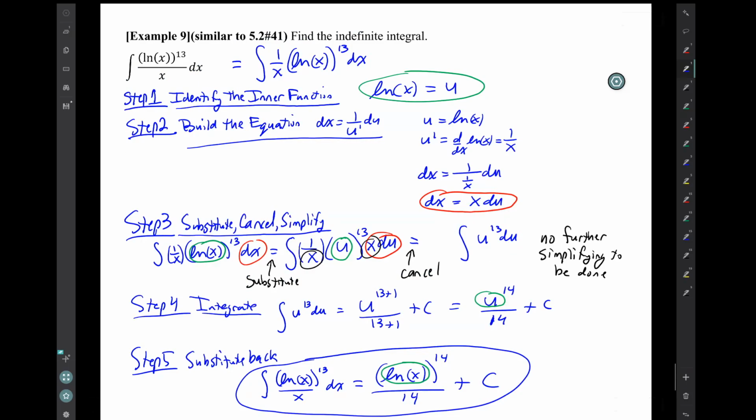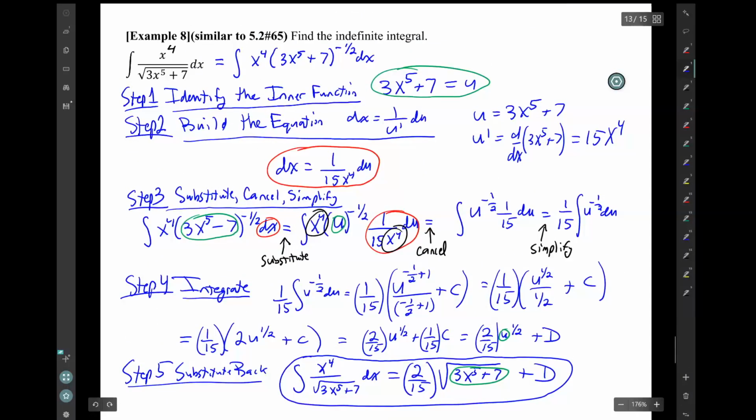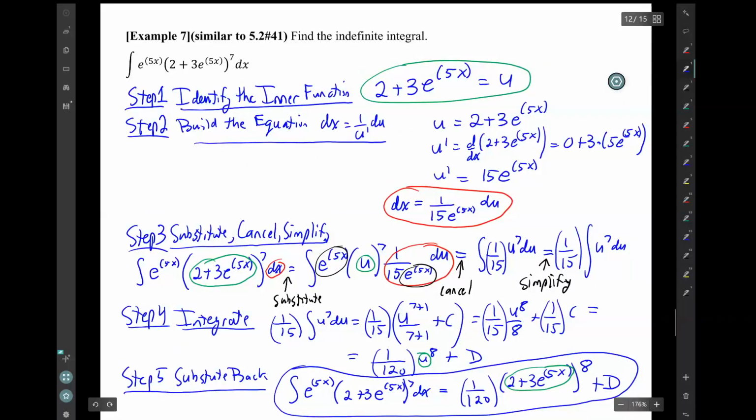In all of our examples, at the end of step 3, we had a basic indefinite integral involving just u. And notice it had all of the components of an indefinite integral. It had the integral symbol, which consists of this s-like symbol and the du.